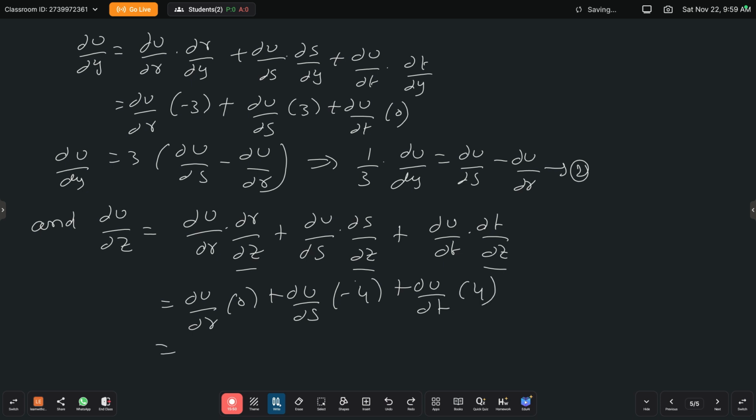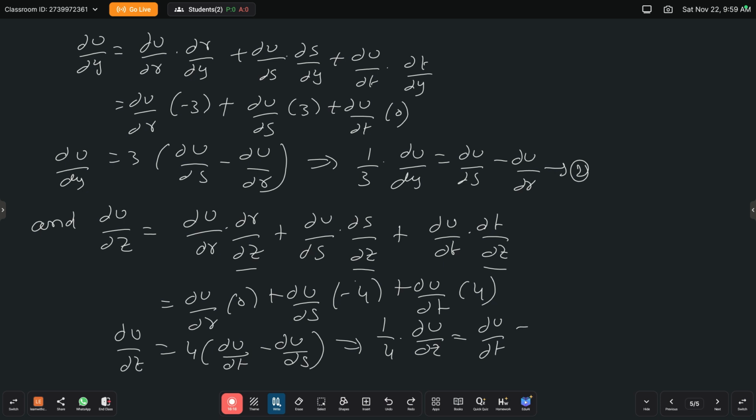Now 4 is common: 4 into (dou u by dou t minus dou u by dou s). So that implies it can be written as 1 by 4th into dou u by dou z equals dou u by dou t minus dou u by dou s.